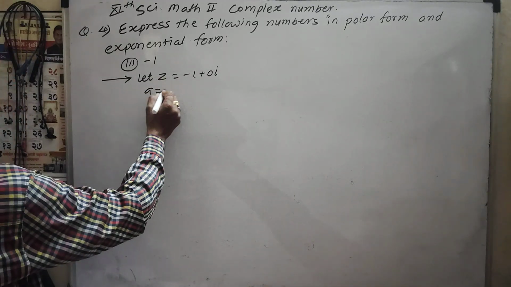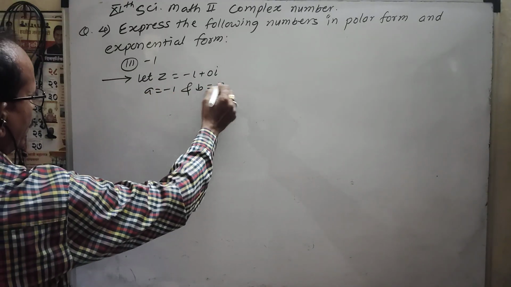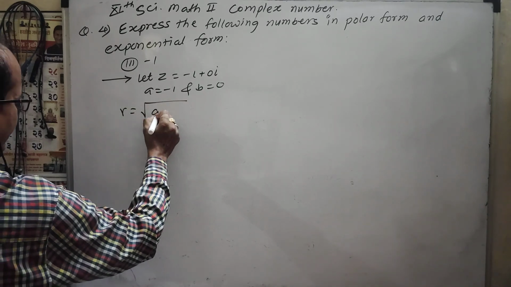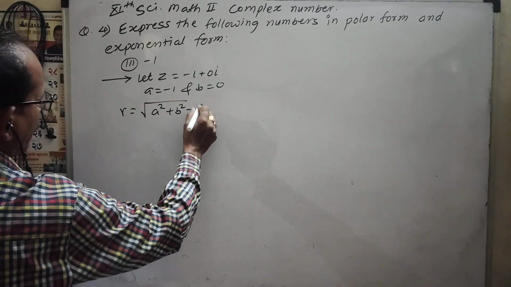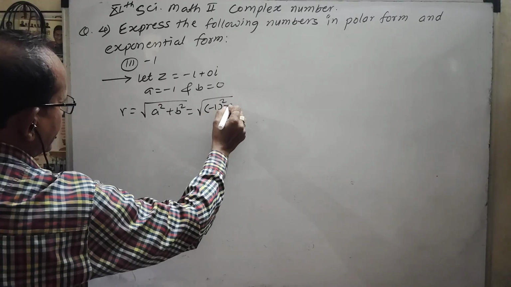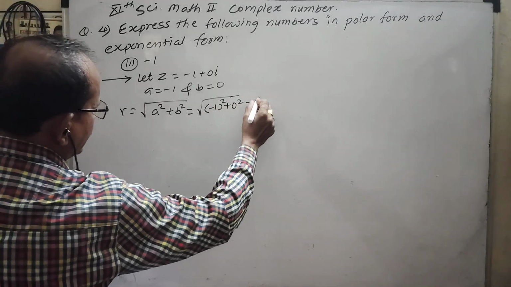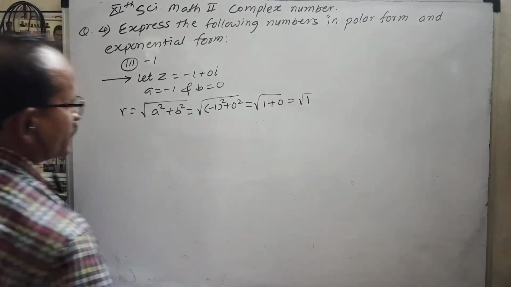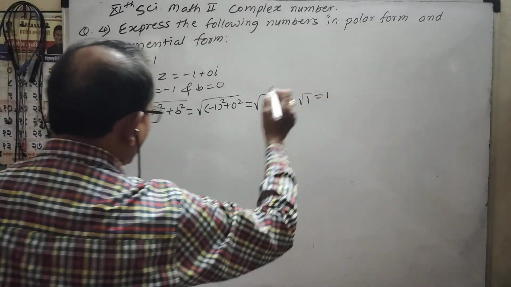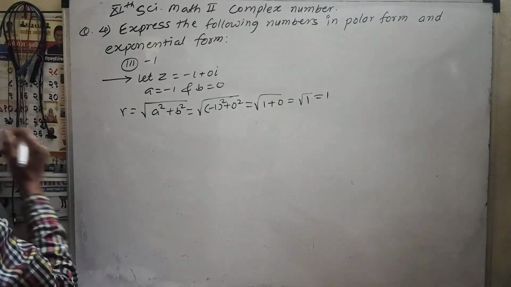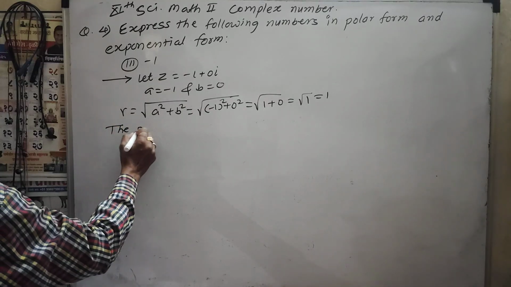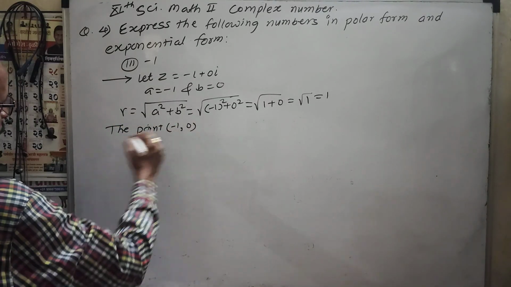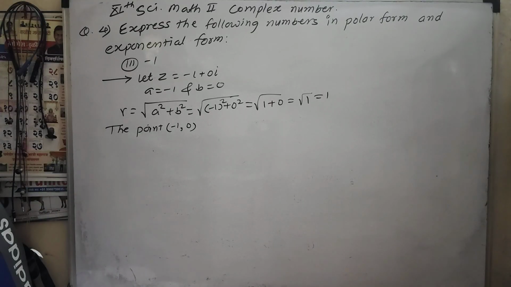Here a is equal to minus 1 and b is equal to 0. r is equal to root of a square plus b square, which is root of minus 1 square plus 0 square, which is root 1, which means 1. r is 1 and the point minus 1, 0 lies on the negative x-axis.